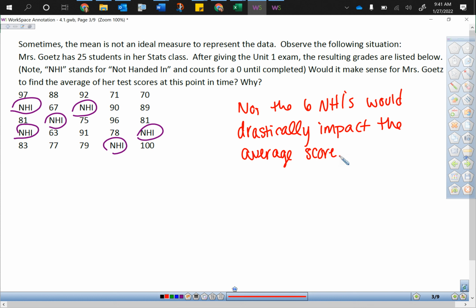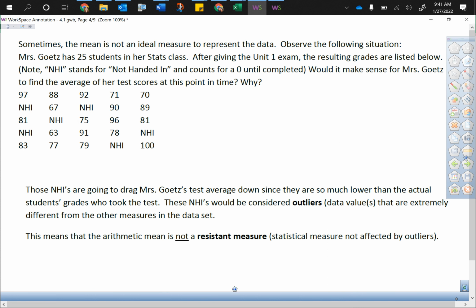Now there's actually a word for that. It says those NHIs are going to drag Mrs. Getz's test average down since they're so much lower than the average student's grades who took the test. They would be considered outliers, and we talked about that earlier. Now, the phrase that we are looking for is this means that the arithmetic mean is not a resistant measure.